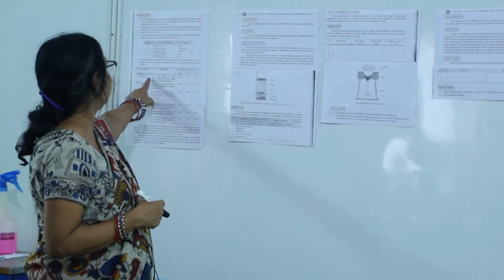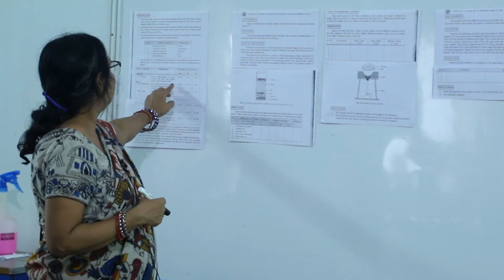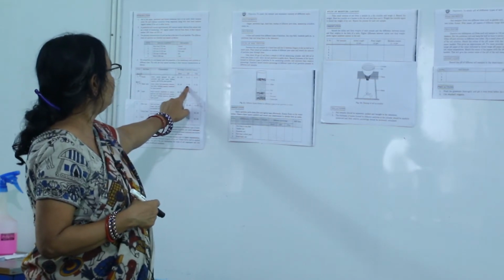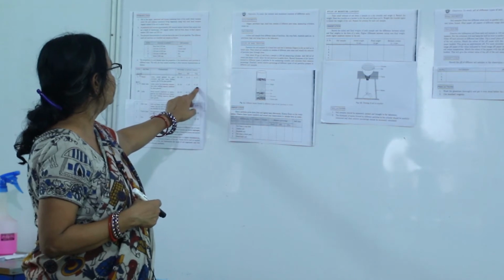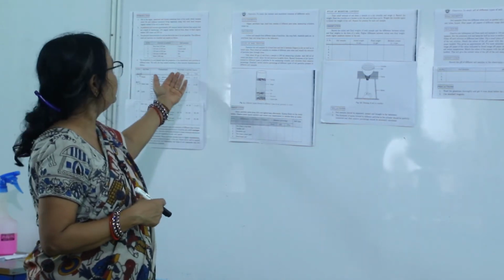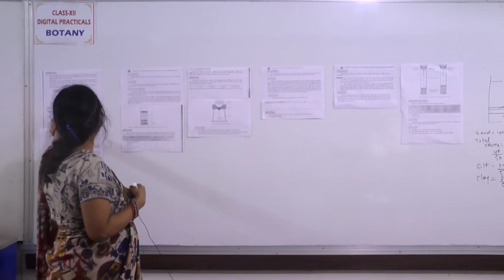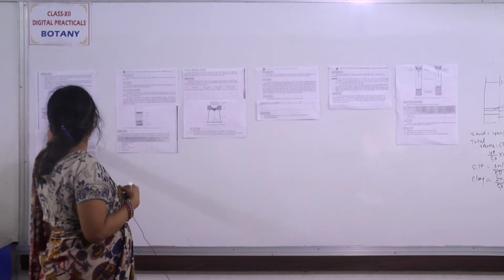For sandy loam, sand percentage is 30 to 80, silt is 0 to 50 and clay 0 to 20. In this way you compare with the table and find out the soil type, maybe sandy loam, maybe loam.